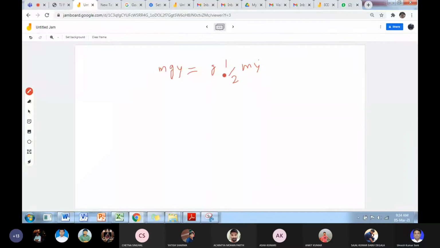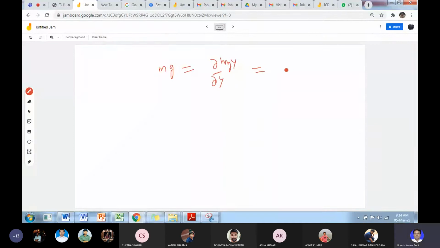dot, and this is my square, and this is the derivative with respect to mg, equal to, you can say here this is equal to mgy, and the derivative with respect to del y.